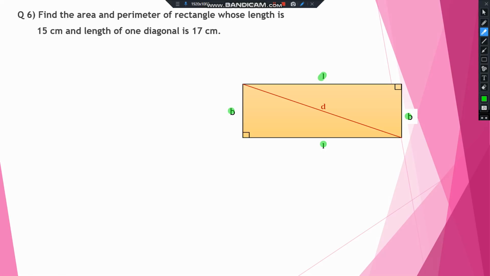Now you know all the angles of a rectangle are 90 degrees each. So this angle is 90 degrees. This angle is 90. So that way this triangle becomes a right triangle.